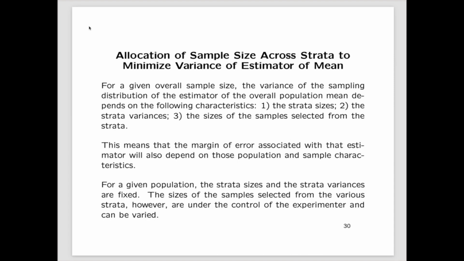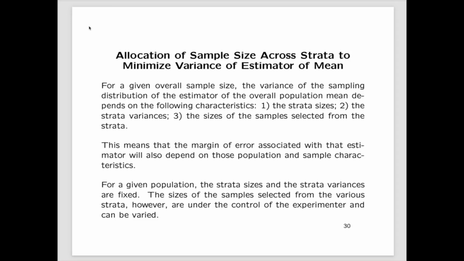And on this slide, we look at allocation of sample size across strata to minimize the variance of the estimator of a mean. Now, for a given overall sample size, the variance of the sampling distribution of the estimator of the overall population mean depends on the following characteristics: the strata sizes, in other words, the capital N sub j's, the strata variances, and the sizes of the samples selected from the various strata.